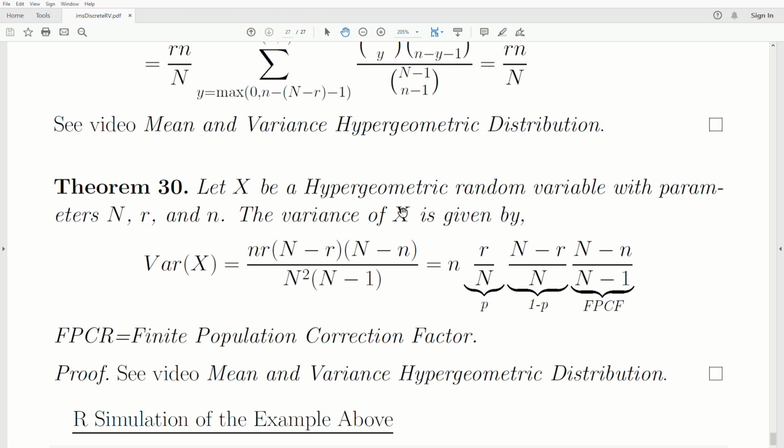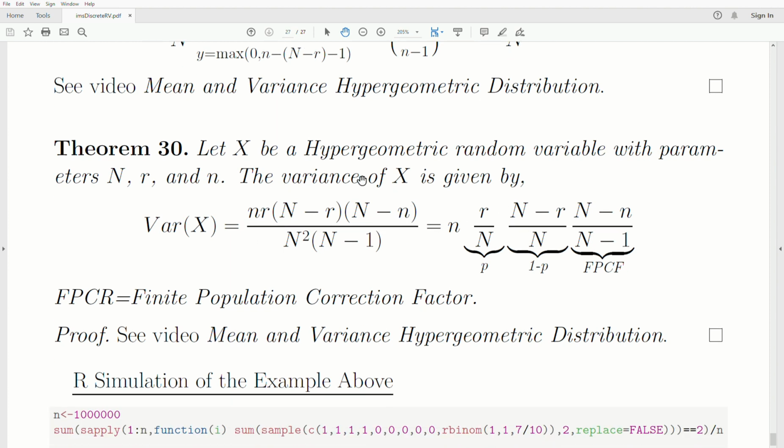Now let X be a hypergeometric random variable with parameters n, r, and N. The variance of X is given by this expression here. And this is what you see in books, this middle expression, the variance of X. But I'm going to move these around a little bit. We have an n, then we have an r over N, and then an N minus r over N, and then this extra stuff.